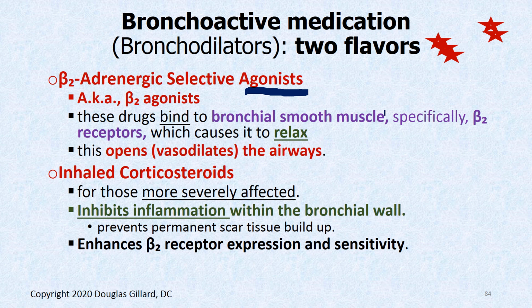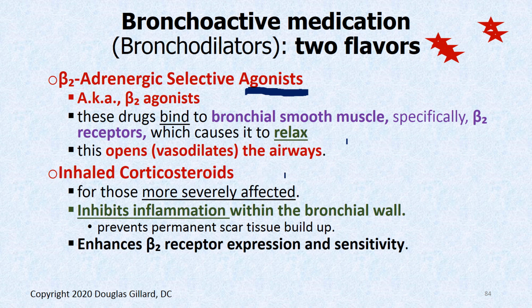These drugs bind to the smooth muscle wall in the airways via beta-2 receptors, and that binding triggers the reabsorption of calcium in the cell, and without calcium, the muscle relaxes and breaks the spasm.